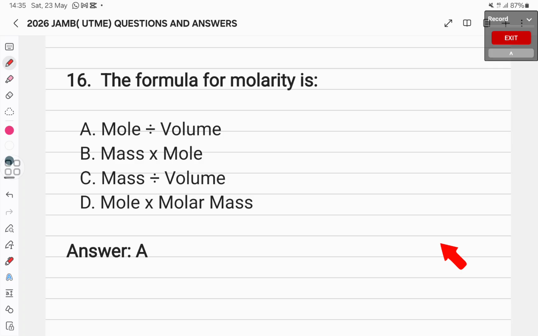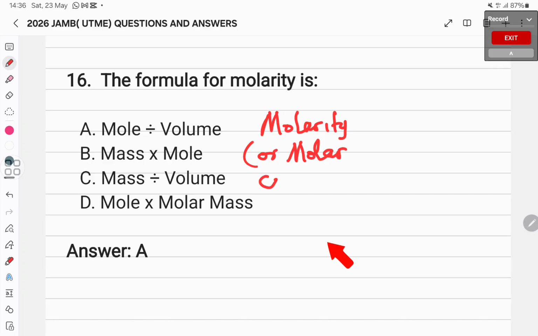The amount of solute per dm cube or 1000 cm cube of a solution is called molarity of that solution, which now is changed to molar concentration.